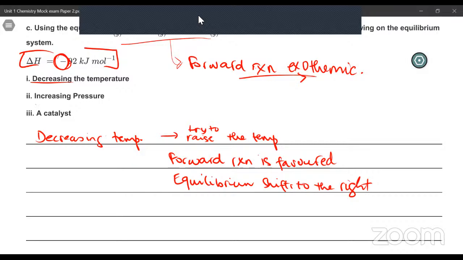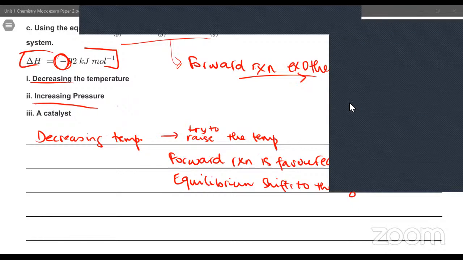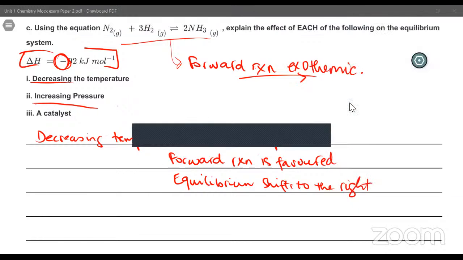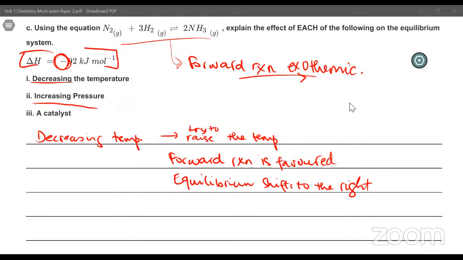Now, if you increase the pressure, remember, by Le Chatelier's principle, it will move to the side with the lesser amount of moles. Over here, you have a total of 4 moles of reactants, because you have 3 hydrogen and 1 nitrogen molecule. Here we have 2 ammonia molecules.